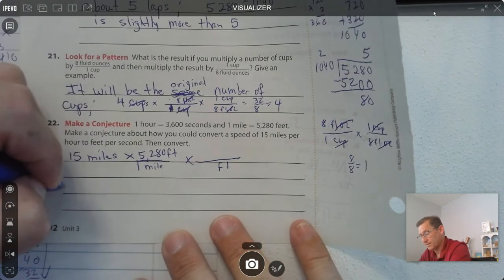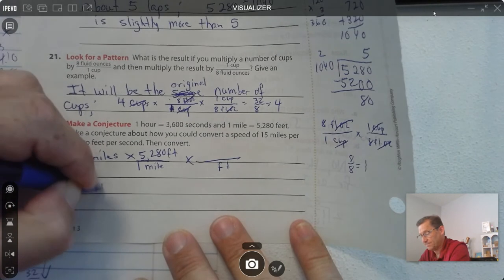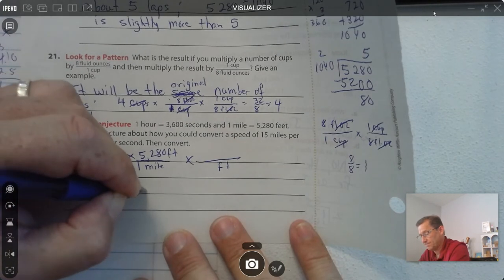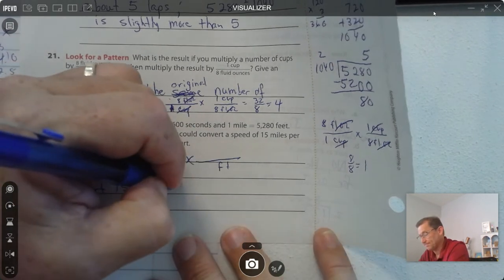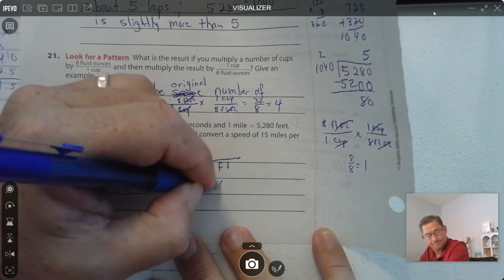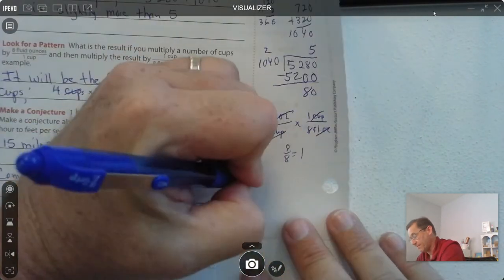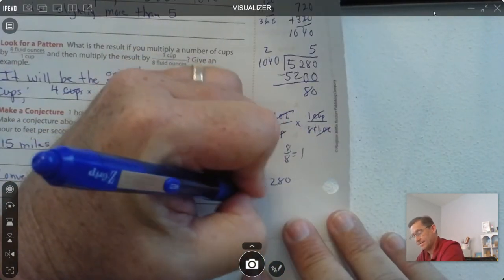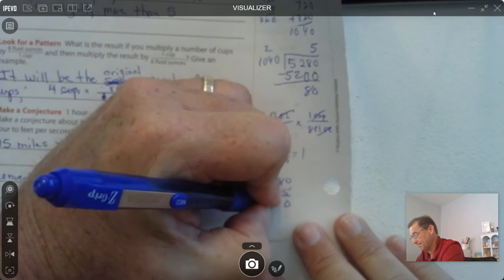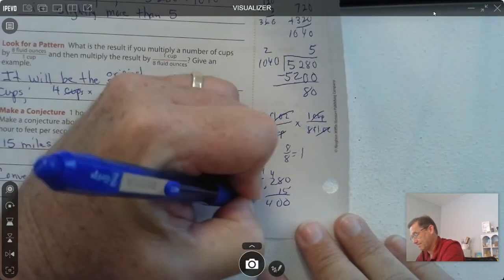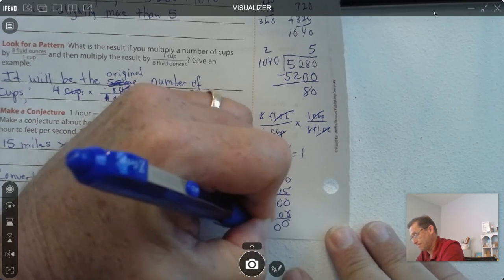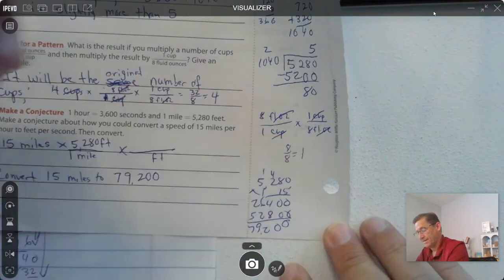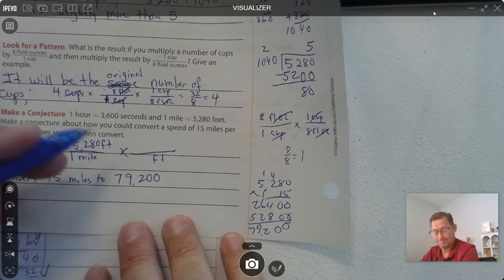So change 15 miles to feet. Okay, so let's go 5,280 times 15. $79,200.